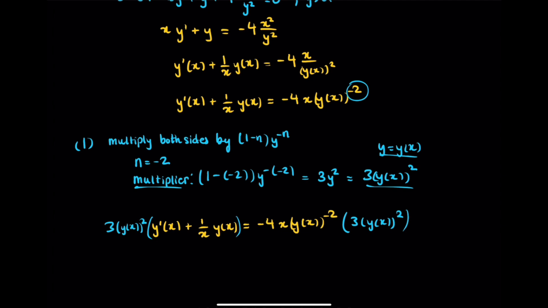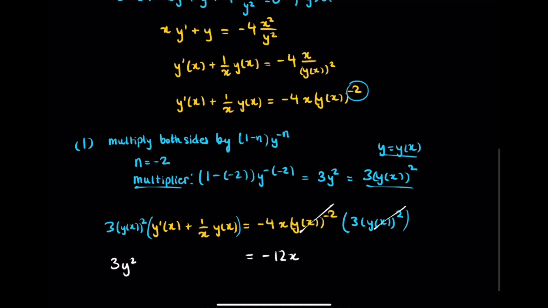Then, as you can see, these two will cancel, and then you're left with minus 12x^3, and I'm not gonna write the y of x, I'm just gonna write y.